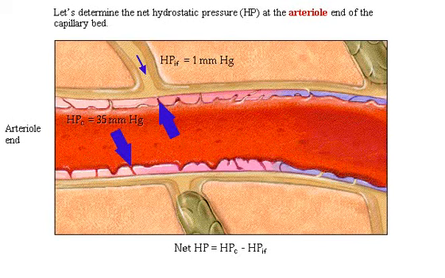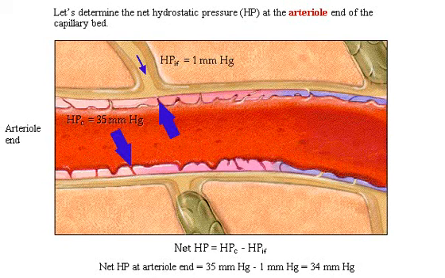Let's determine the net hydrostatic pressure at the arterial end of the capillary bed. Taking the capillary hydrostatic pressure of 35 millimeters of mercury minus the interstitial fluid hydrostatic pressure of 1 millimeter of mercury gives us 34 millimeters of mercury for the net hydrostatic pressure at the arterial end of the capillary bed.